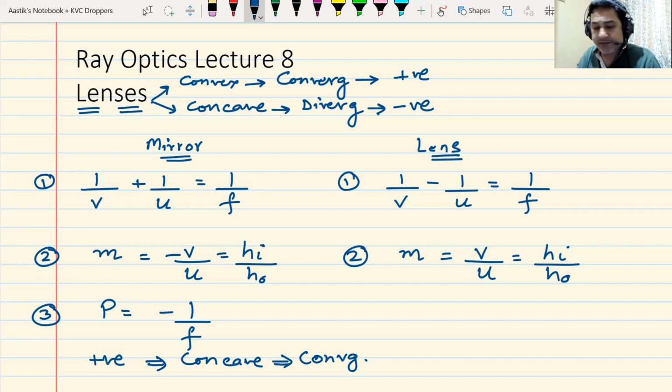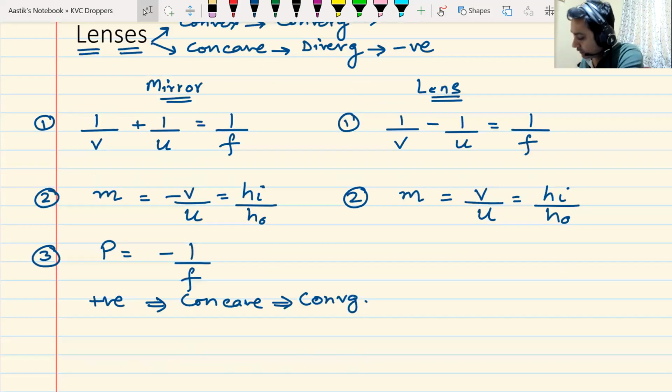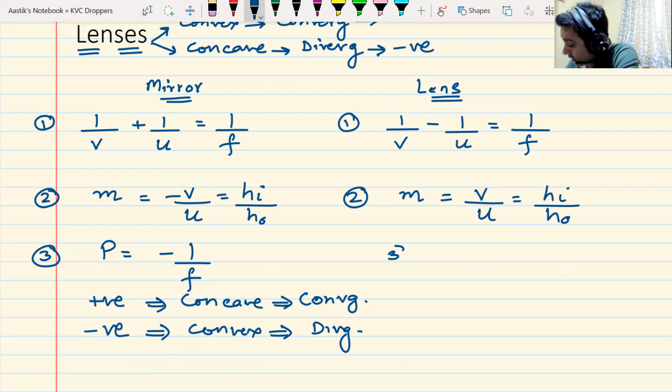At the same time, this was negative for a convex mirror, and the convex mirror was known as a divergent mirror. Now, can you tell me what will be the formula of power for a lens?